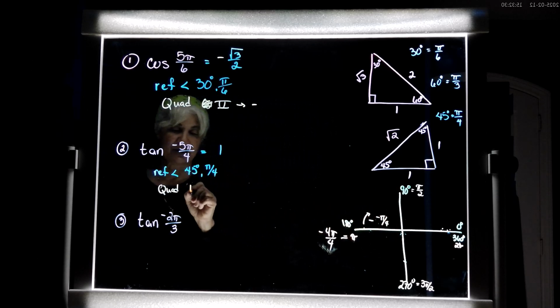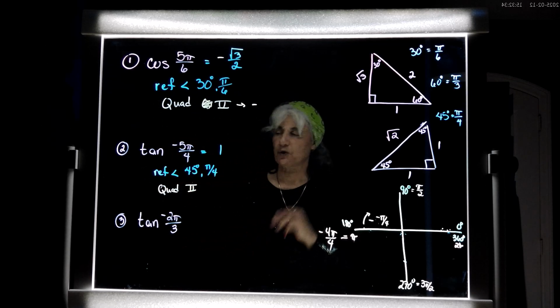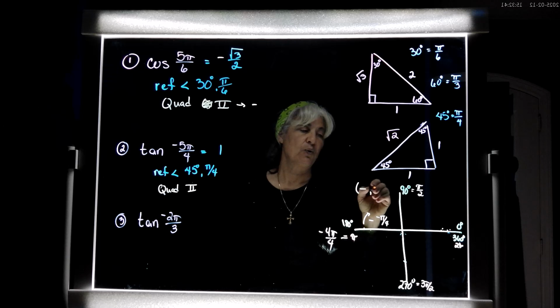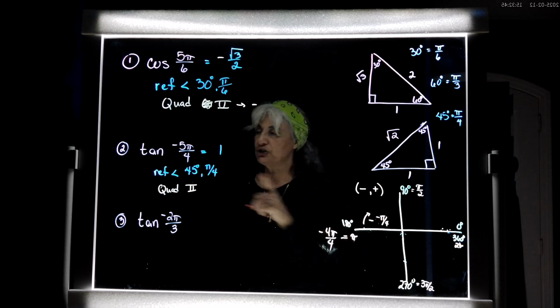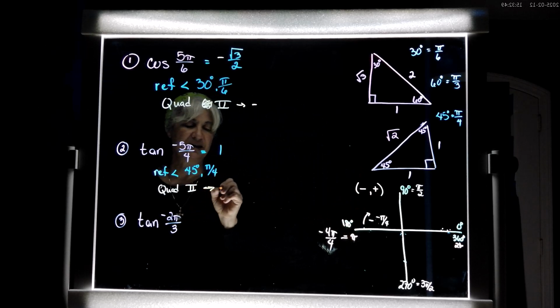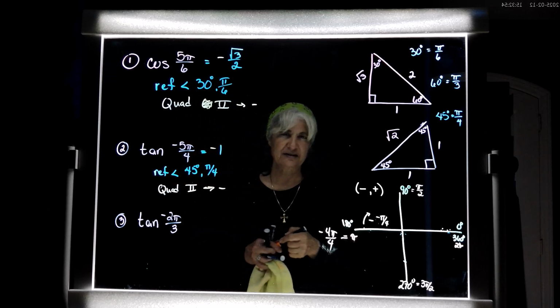And this is also quadrant 2. With me? Okay. Quadrant 2, cosine is negative or x is negative. Y is positive or sine is positive. So tangent is y over x. This is a negative answer. Good? Okay, you getting the hang of this?